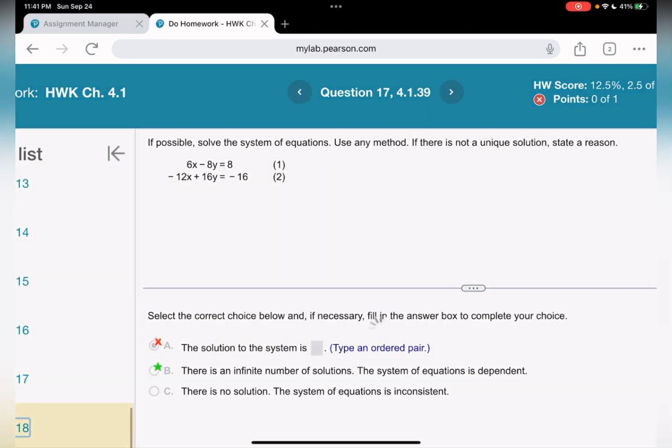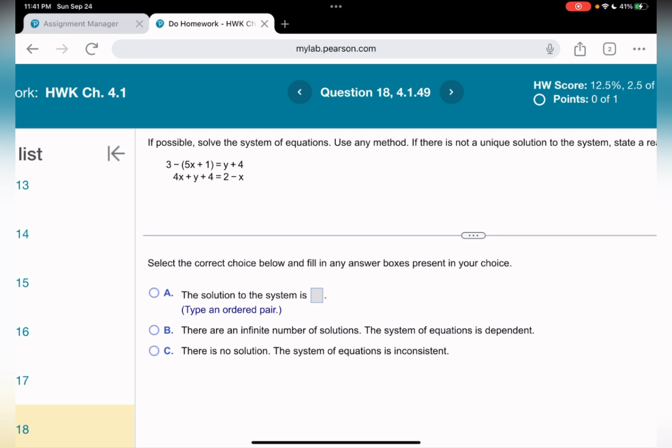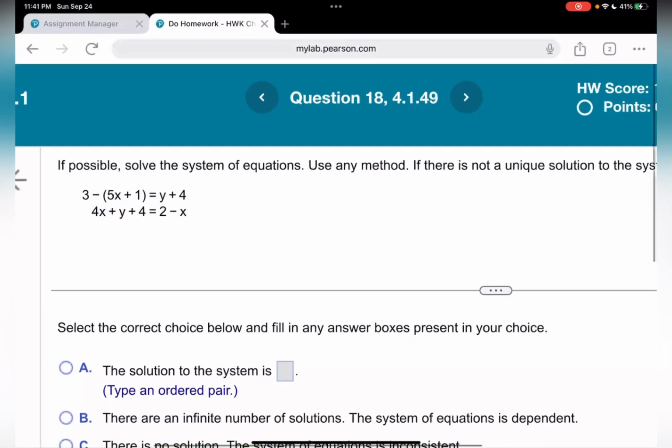And the last one we are doing, that's 39 and 49. It's going to be this one. Okay. If possible, solve the system of equations. Any method. Okay. Let me write down.